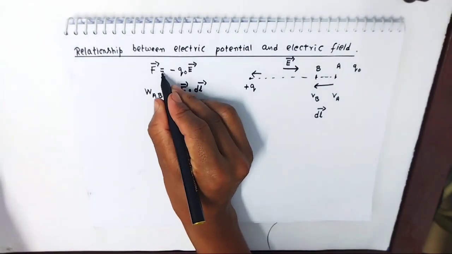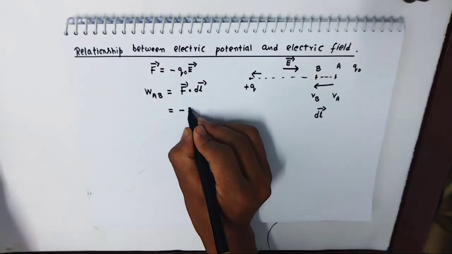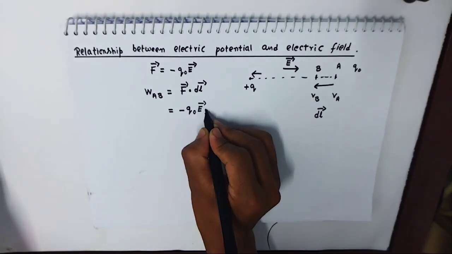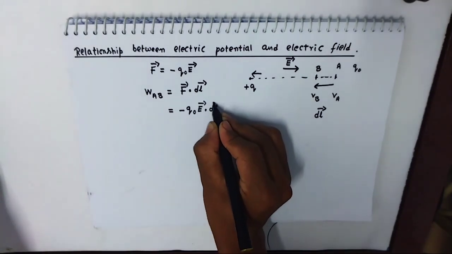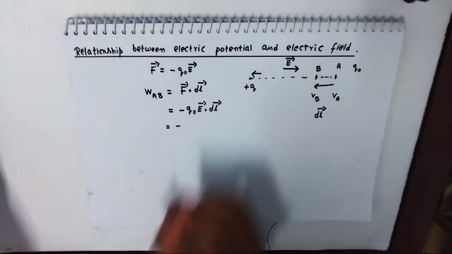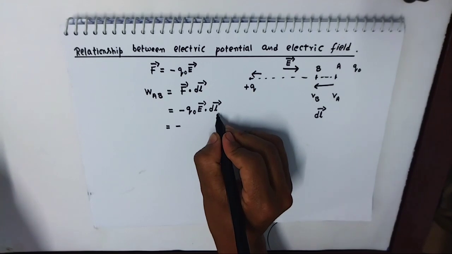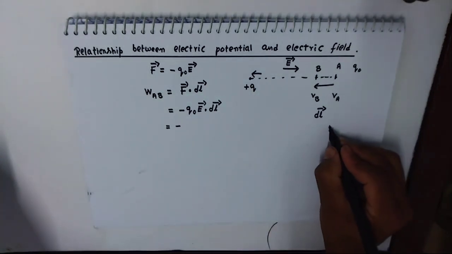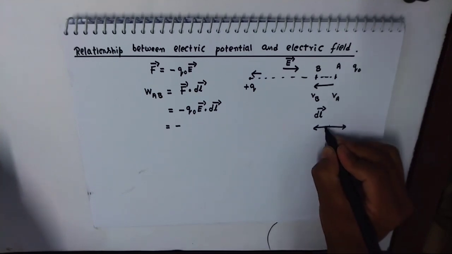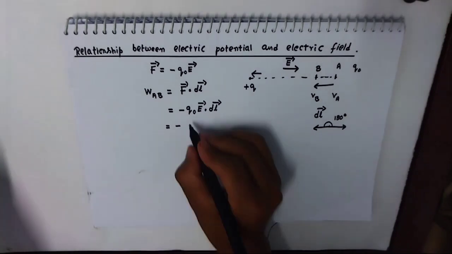So if we substitute this value of force in this equation, we can write minus Q naught E dot dl. As we can see from here, the direction of E as well as dl, they are opposite in direction. So the electric field is like this, dl is like this. So the angle between them is 180 degree.